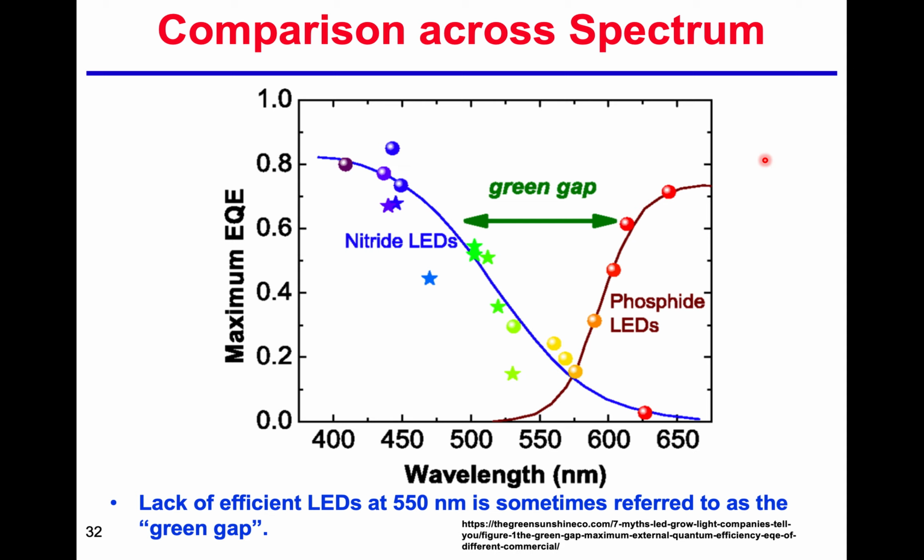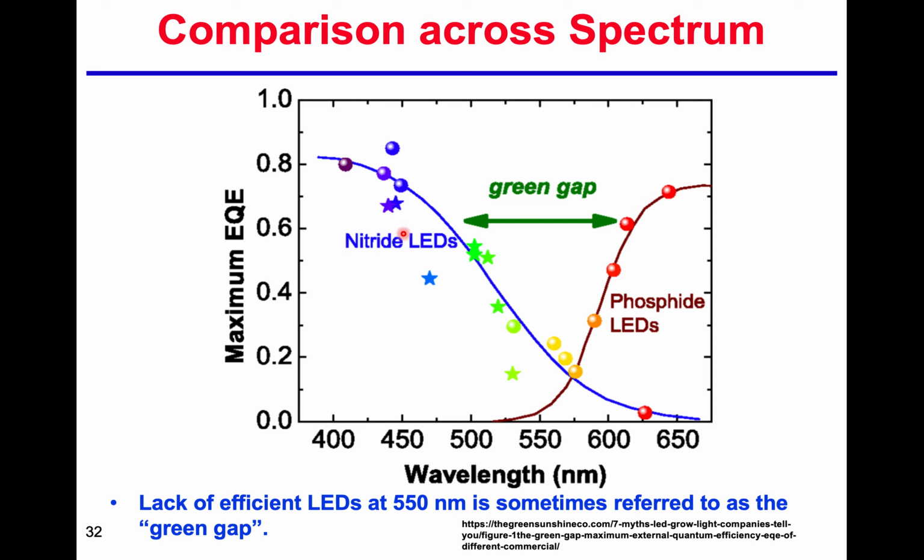As we said before, we have two systems. One is a phosphide system, one is a nitride system. For the phosphide system, the efficiency is much higher at longer wavelengths, and it decreases toward shorter wavelengths because of the direct to indirect transition.